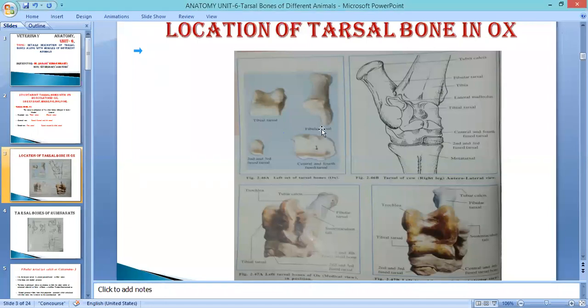The longest is the fibular tarsal, then the tibial tarsal, the central plus fourth fused, the second and third fused, and the first is a very small nodule-like bone. Here too, this is the fibular, this is the tibial, and below that is the central plus fourth, this is the second plus third, and here is the first tarsal. One by one we will go through their descriptions.